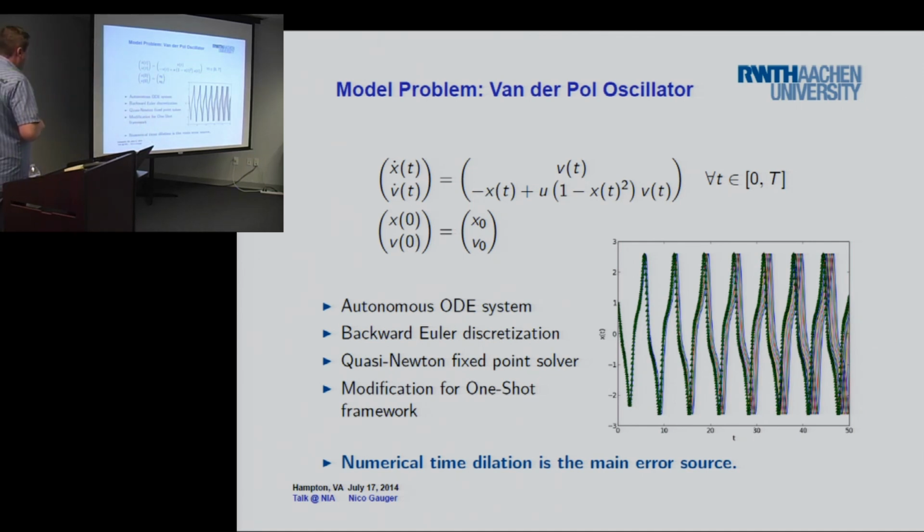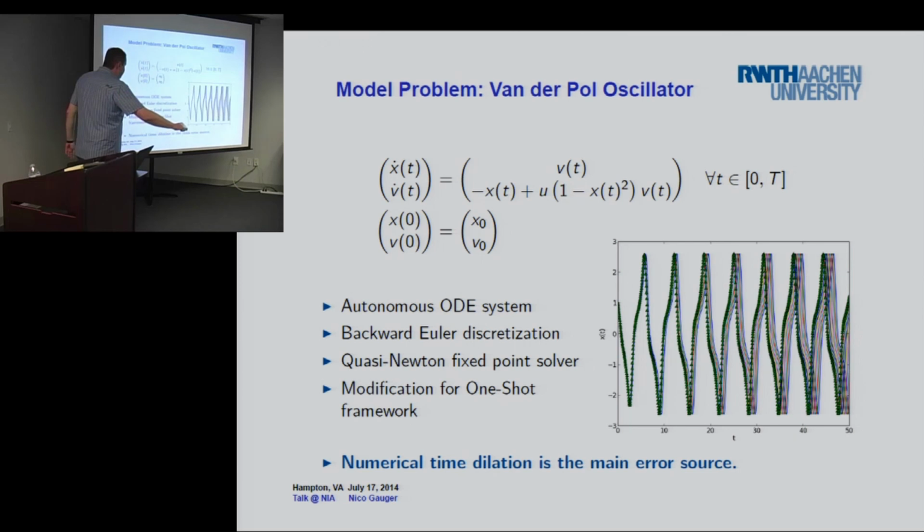And we have this loop reversal, so this modification for one shot. So we have these outer iterates k. And what you see here is the solution, and here you have different colors, and each color represents an iterate k. Blue here, that's the first iterate, and then each change in color is 10 steps, so it needs some time to converge to this green line with these triangles here.